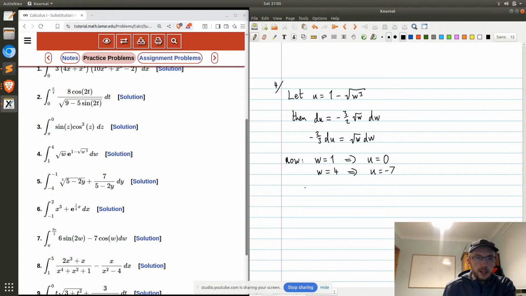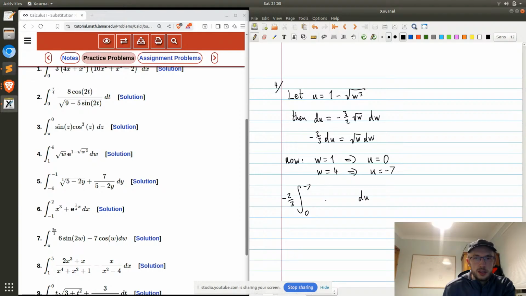So we can rewrite the integral now as, let's put minus 2/3 and du there. Let's put 0 and minus 7 there.